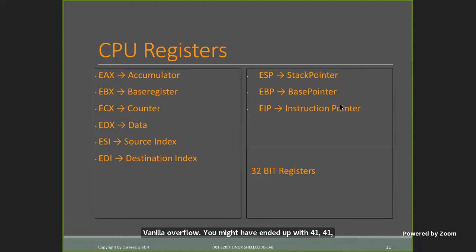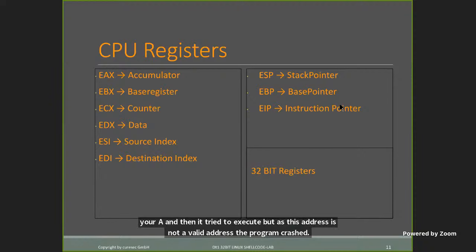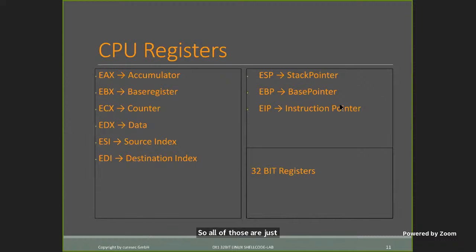The reason for this was that the return address for jumping back to the former function was overwritten with your A's, and then it tried to execute, but as this address is not a valid address, the program crashed. So all of those registers are interesting, and their meanings and workings are important.